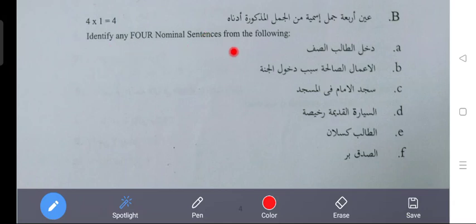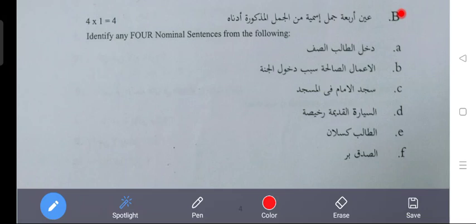Identify any 4 nominal sentences from the following. It carries 4 marks, so each carries 1 mark. Here he will give you the sentences in Arabic and ask you to find out the nominal sentences.